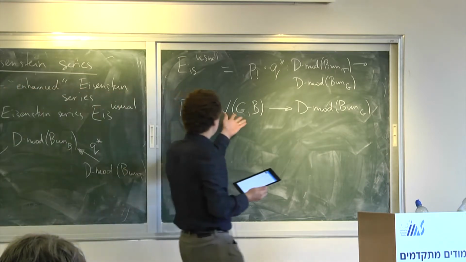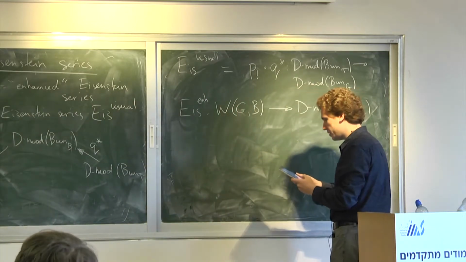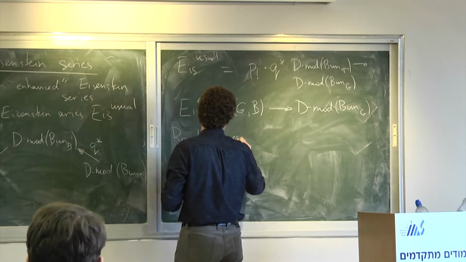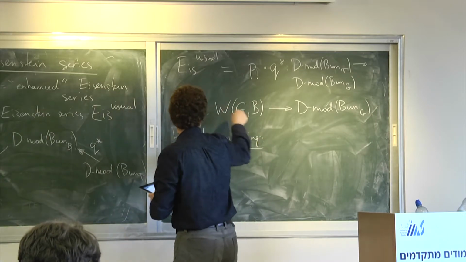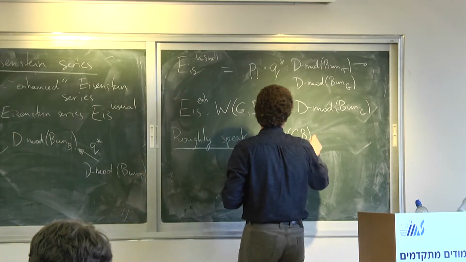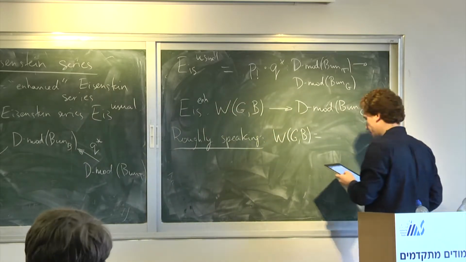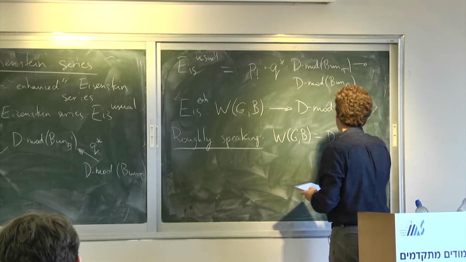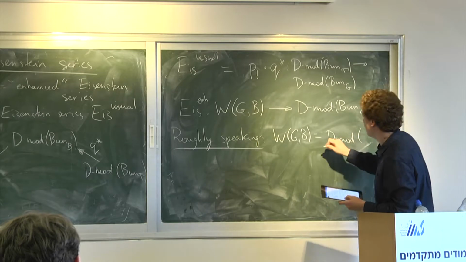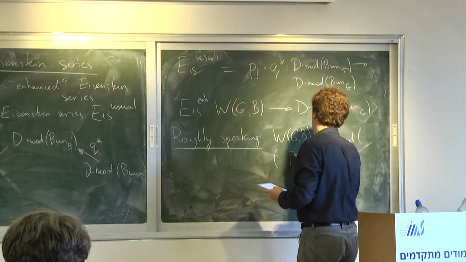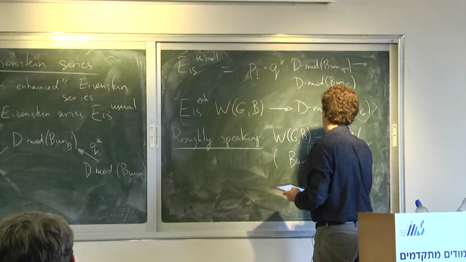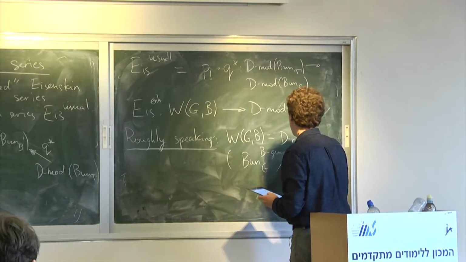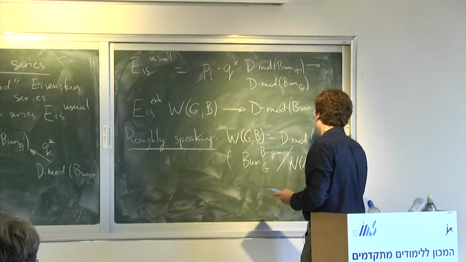Now, first of all, why is this okay to still call this Eisenstein series? Well, roughly speaking, this source category is something like D-modules on some crazy quotient, which is: you start with a G-bundle, then you reduce to a B-bundle generically, and then you're allowed to mess this up by anything upper triangular.